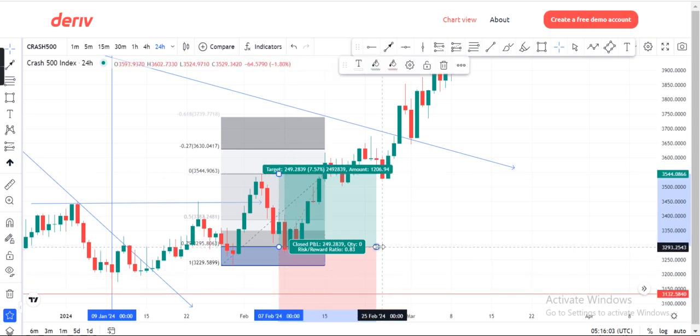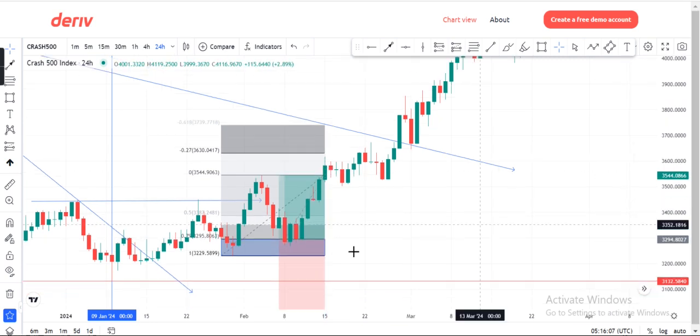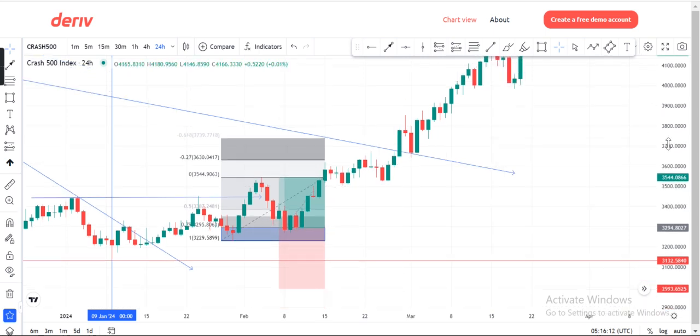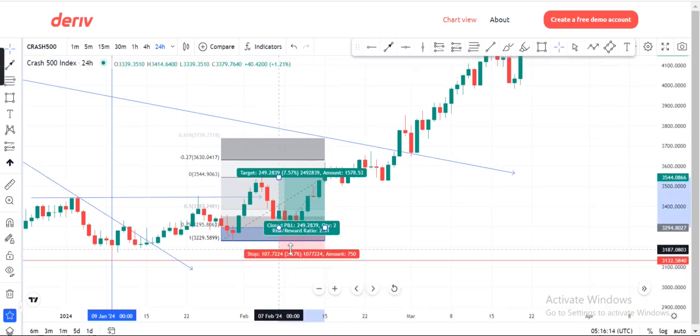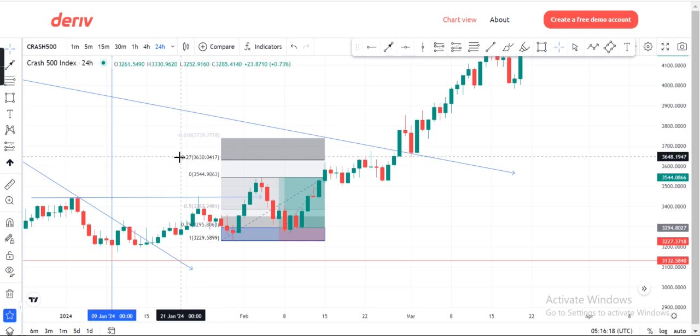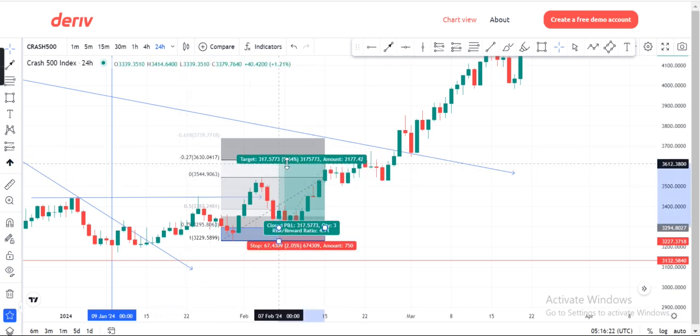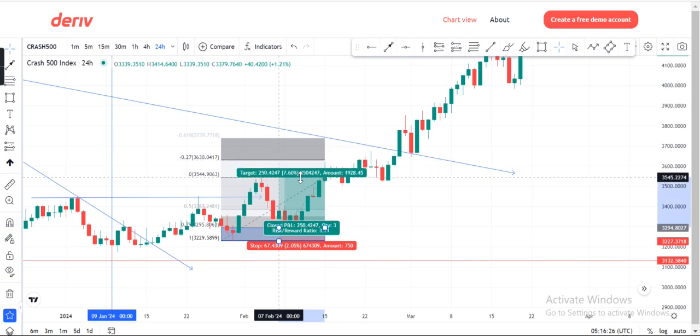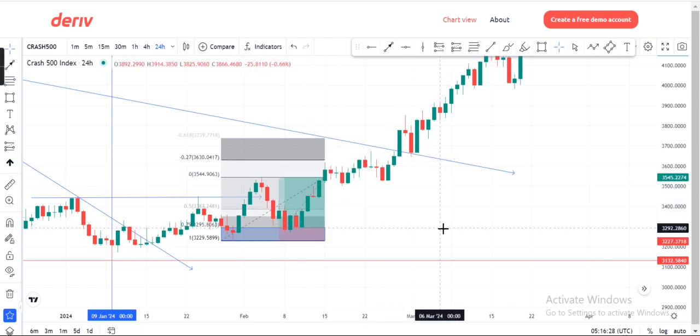Now some traders who are able to be patient will be able to hold the market up till when it gets to the final take profit using this strategy, which is a minus 0.27 level, which is here. But for me, I don't like to hold my trade because I'm okay with the market hitting my take profit and I'm good.